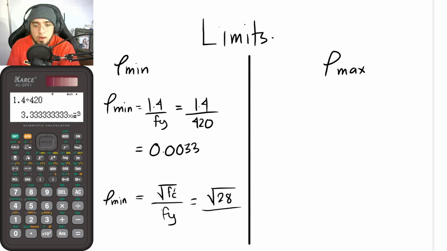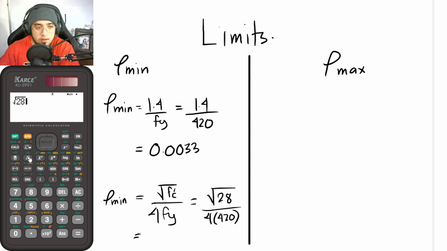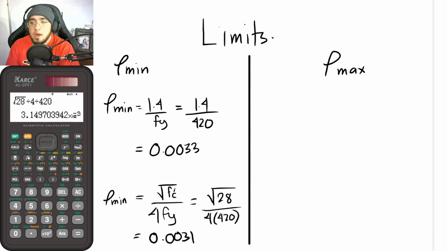By the way, the earlier one was incomplete; this must be for 4 Fy. So 4 times Fy of 420. In here, this is now equal to the square root of 28 divided by 4 divided by 420. So our answer here is 0.0031. Okay, so we will be choosing the larger value.